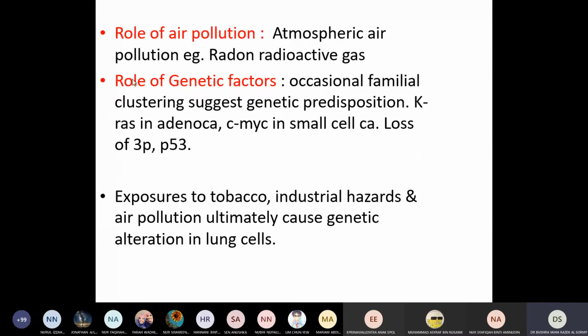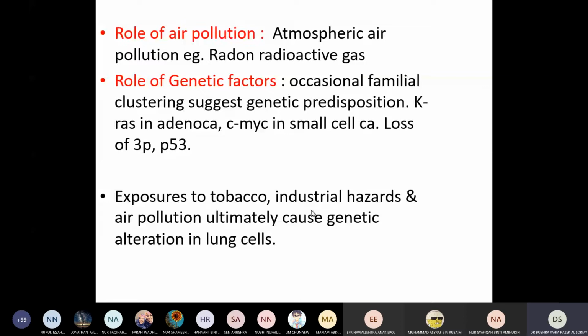Okay. Other risk factors: air pollution, radon or radioactive gas, and the role of genetic factors. Occasional familial clusters suggest genetic predisposition. KRAS in adenocarcinoma, and in small cell carcinoma, loss of P53.